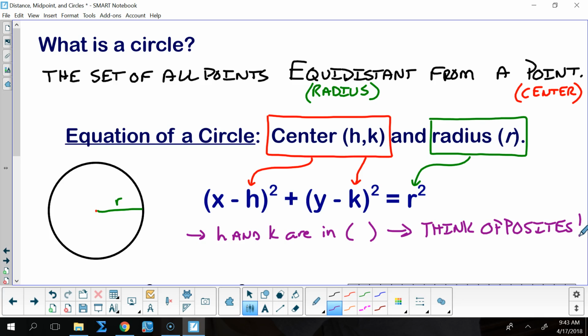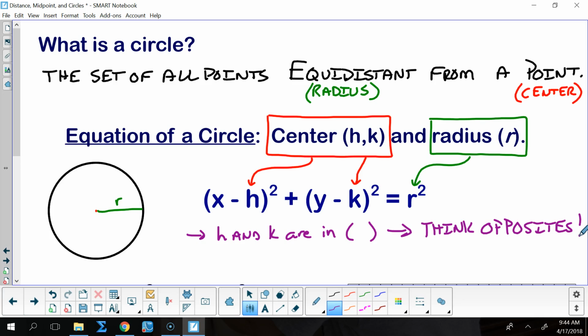So you need to think opposite. If it says x minus h, that really gives you a positive h value for your point. y minus k really gives you a positive k value for your point. And r is squared. Those are the two things we have to think about: think oppositely for our center, and r is squared.